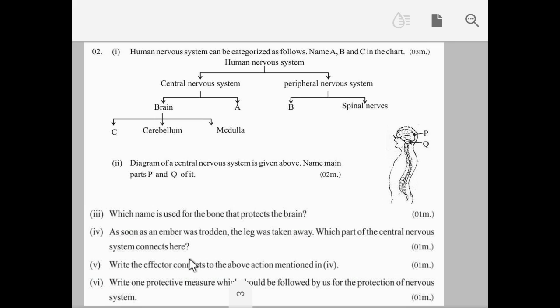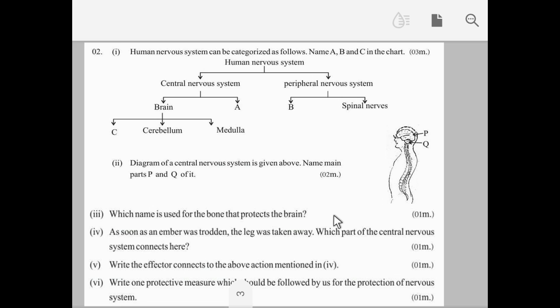Besides that, we have to use proper body postures. And avoiding accidents is also a protective measure.